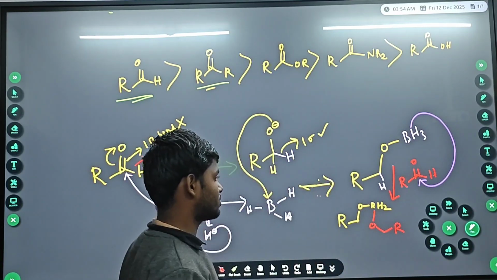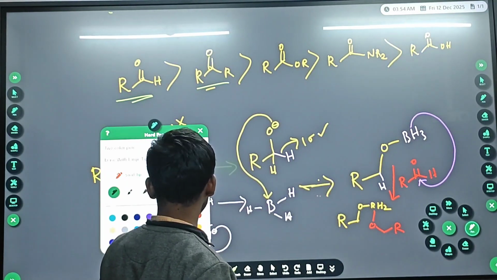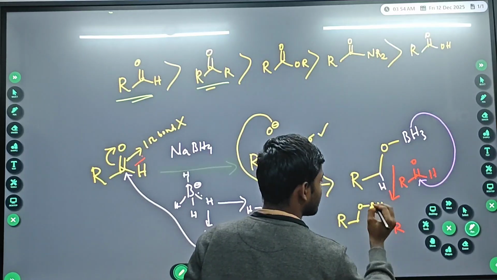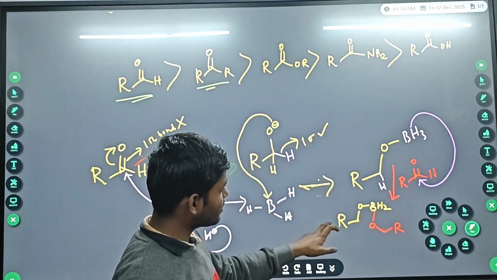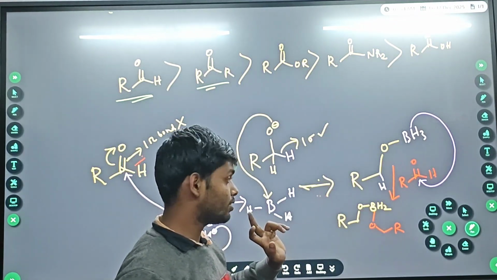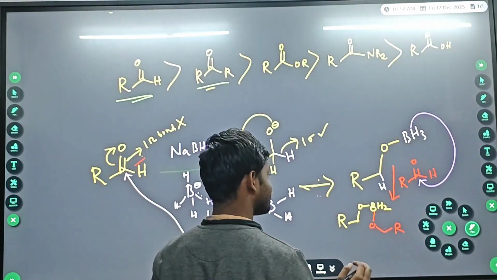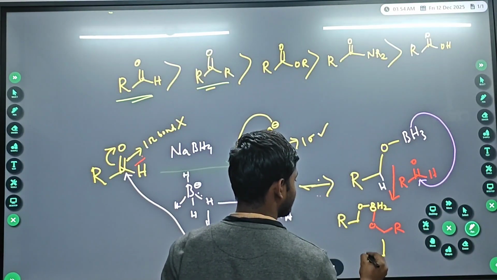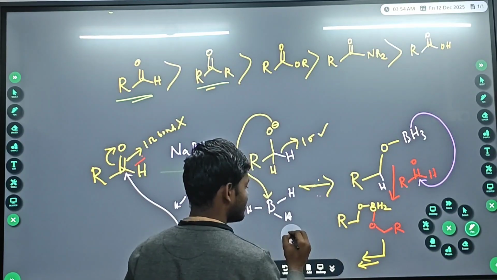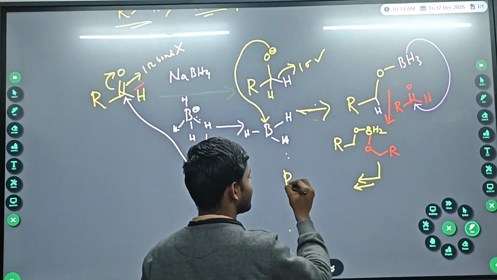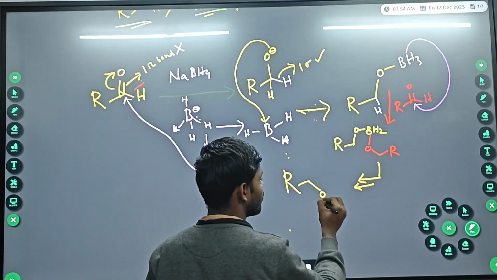So here are the new products. As we know, there are 2 hydrogens also left. This will do another step, and this will make the product like OB.